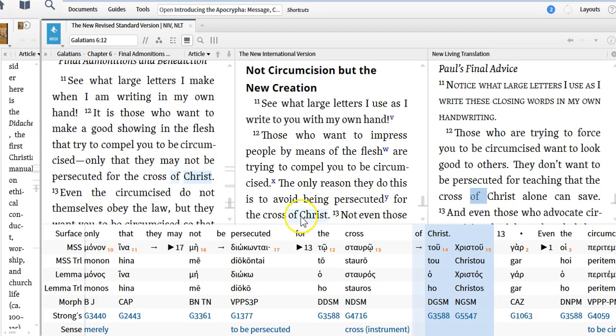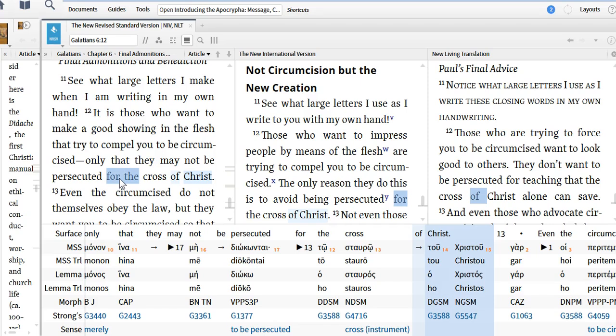In each of these instances, even though both use the word "for," I think we would intuit that "for the cross" is giving us the cause of persecution, rather than the cross being the indirect object of persecution, or the entity that is advantaged by the persecution.